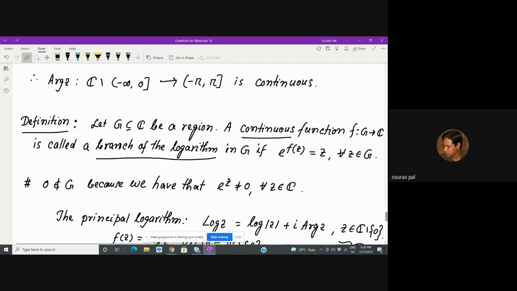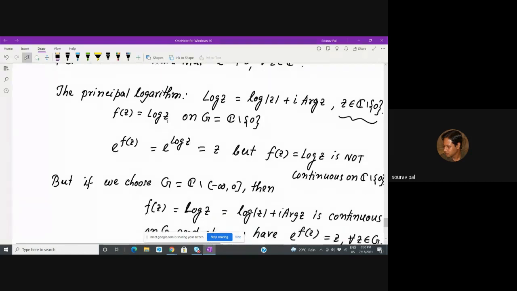Now, just for example, what we have seen: if we choose the principal logarithm, it is a well-defined function and it is defined for all non-zero complex numbers, yet it is not continuous on C minus 0, because the principal argument is not continuous on the negative real axis, though it satisfies this equation for all z in this punctured plane. But it is not a branch of the logarithm on C minus 0 because of the lack of continuity.